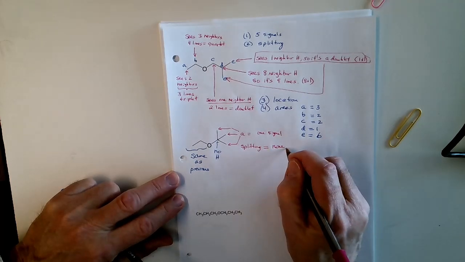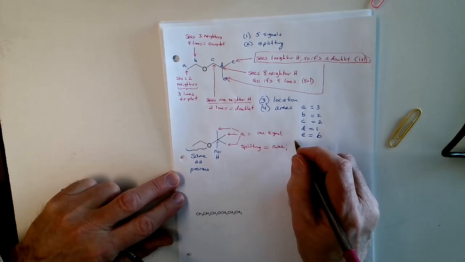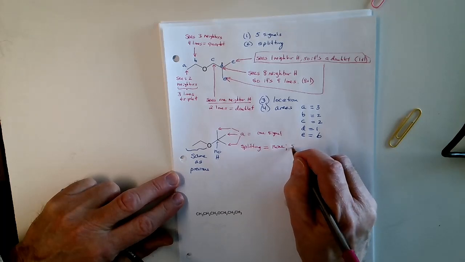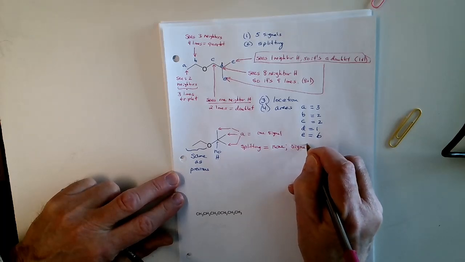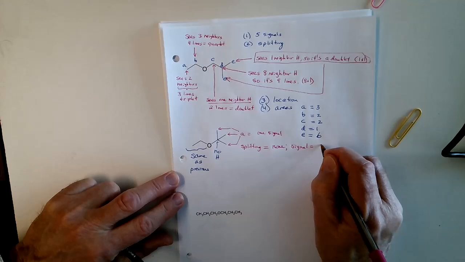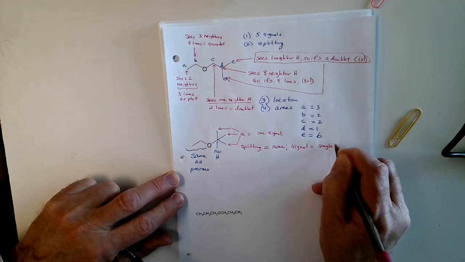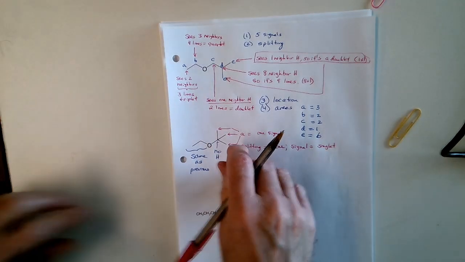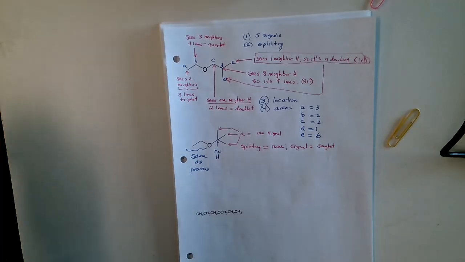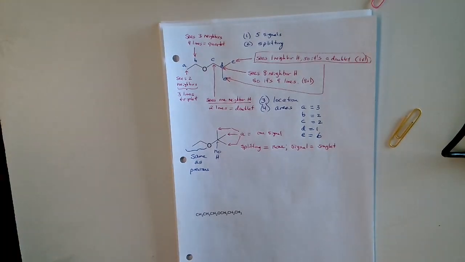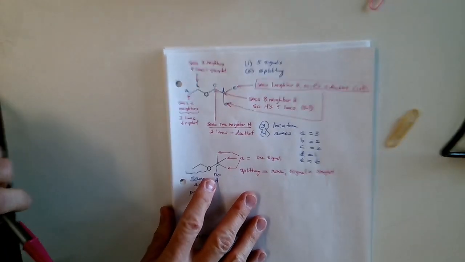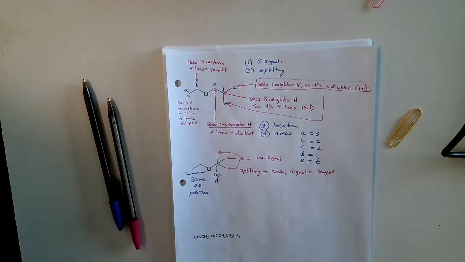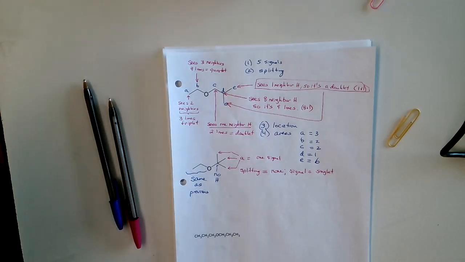And that means the signal you're actually going to observe is just one line. Singlet, and that's as simple as it gets. One line, nobody took a hatchet to it. Okay, take a look at those two. See what you might want to kind of probe in those.